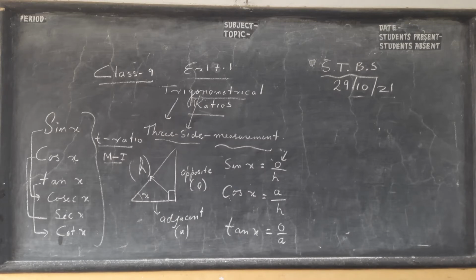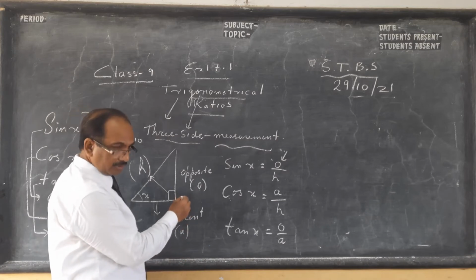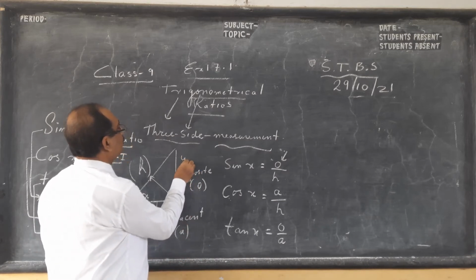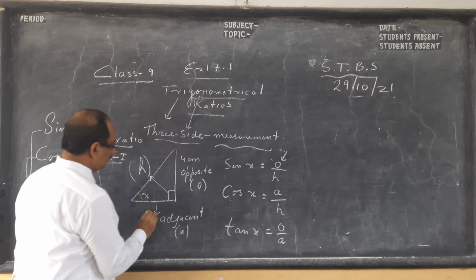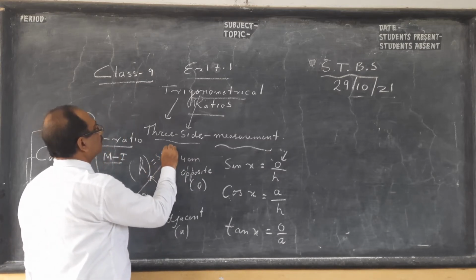Now, let us take one example to see this. Suppose we take a Pythagoras triplet. Suppose this is 4 centimeter, this is 3 centimeter, and this is 5 centimeter.